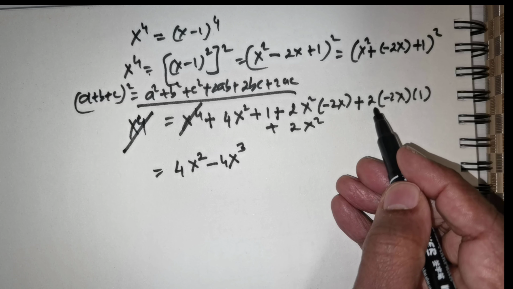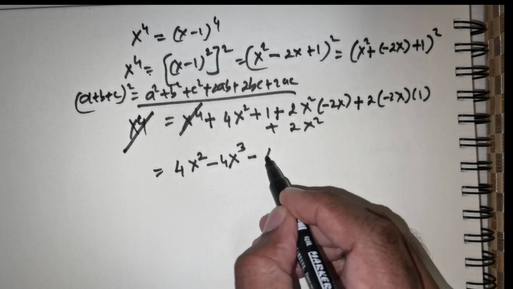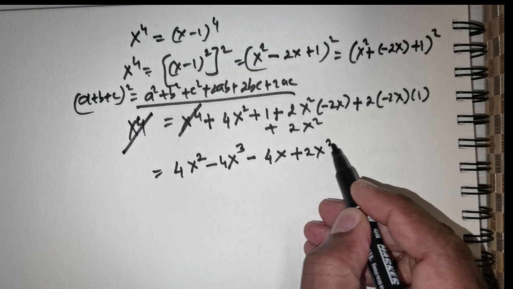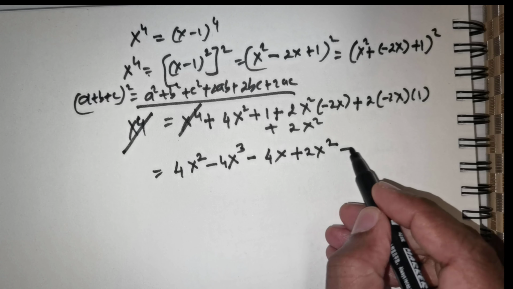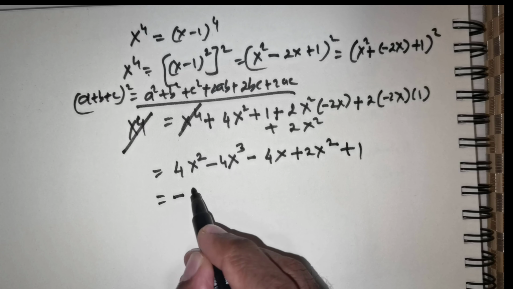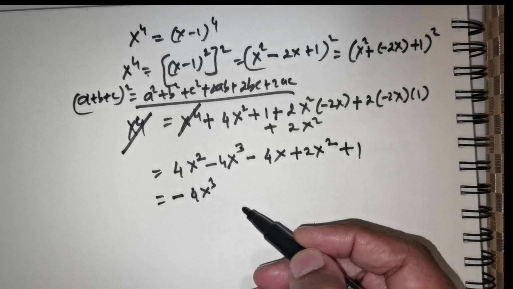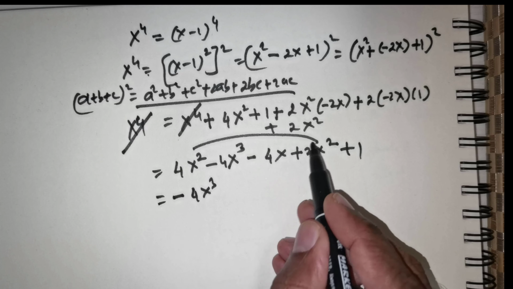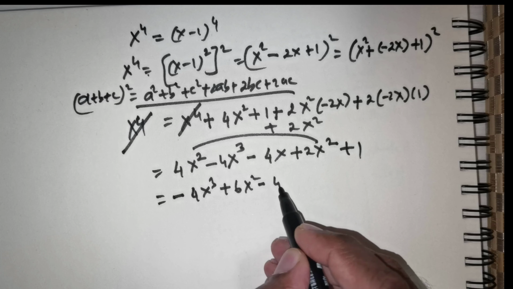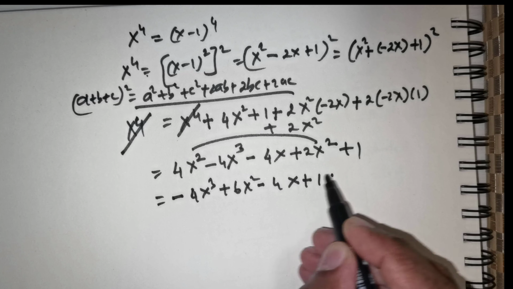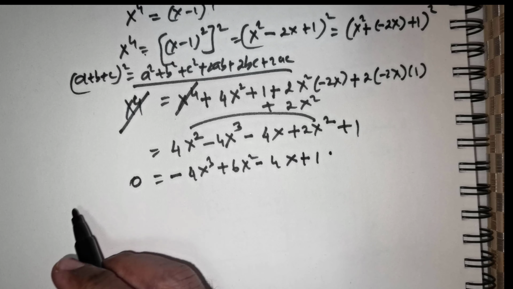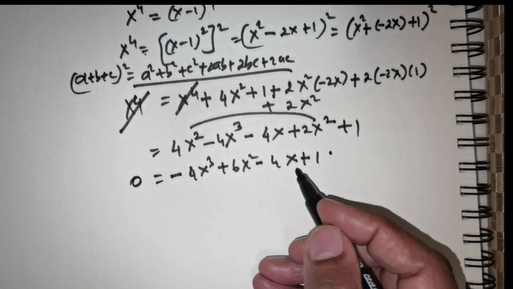So this is going to be minus 4x, and you have plus 2 times x squared, and you have a plus 1. That's fine. So you can rewrite this as follows. So minus 4x cubed, and you can add these two things, plus 6x squared, and then minus 4x plus 1. Of course, what you can do is multiply by minus 1 or move everything to the left hand side and equate it to 0.